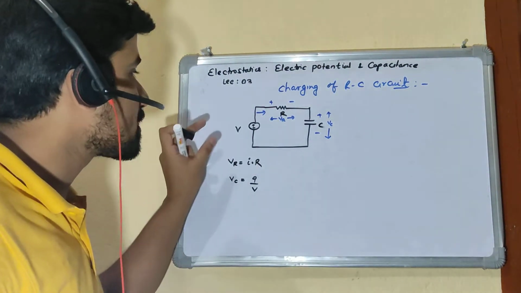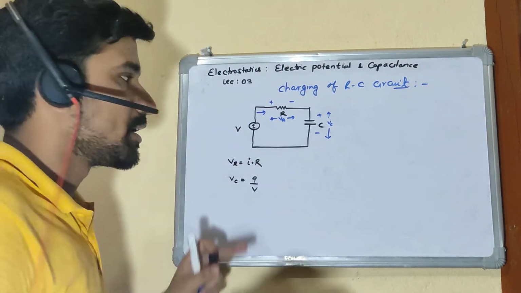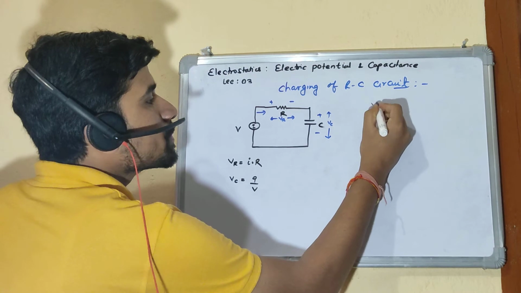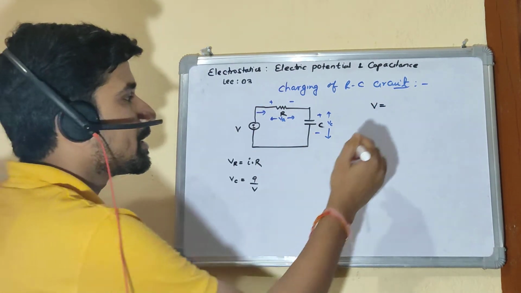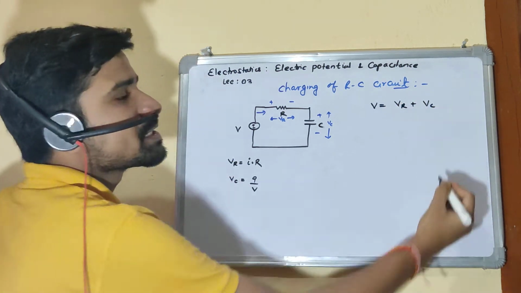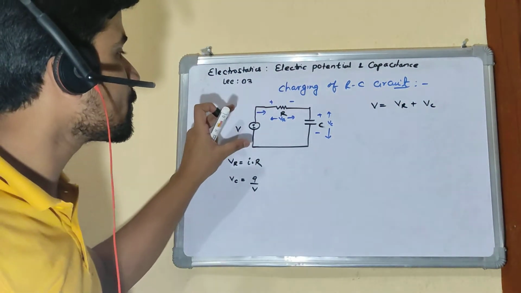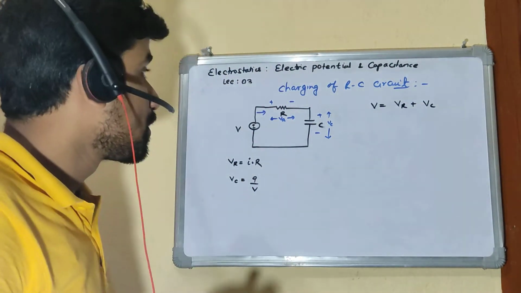As of now, you see this is a constant voltage source which is supplying current. So the voltage of this battery will be equal to the voltage across this resistor plus the voltage across this capacitor, because this is what is creating the potential difference across these two passive components.